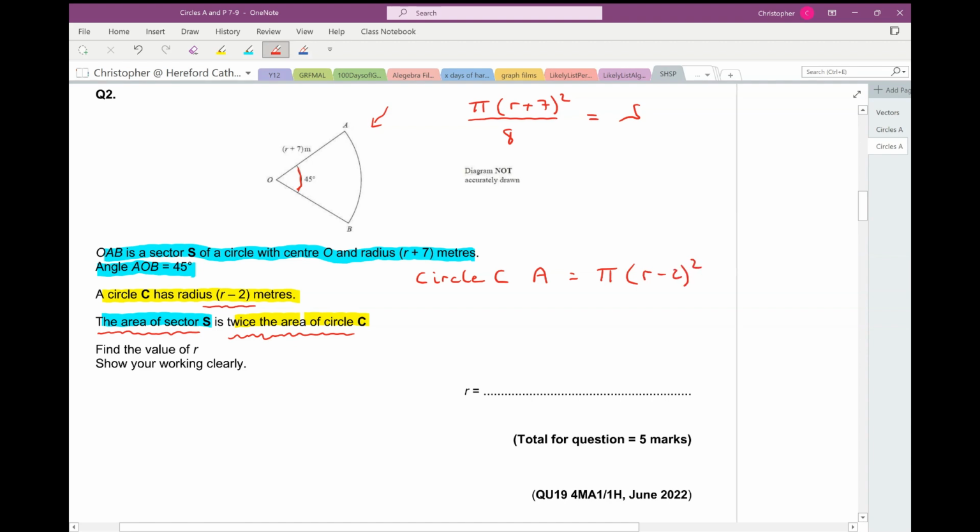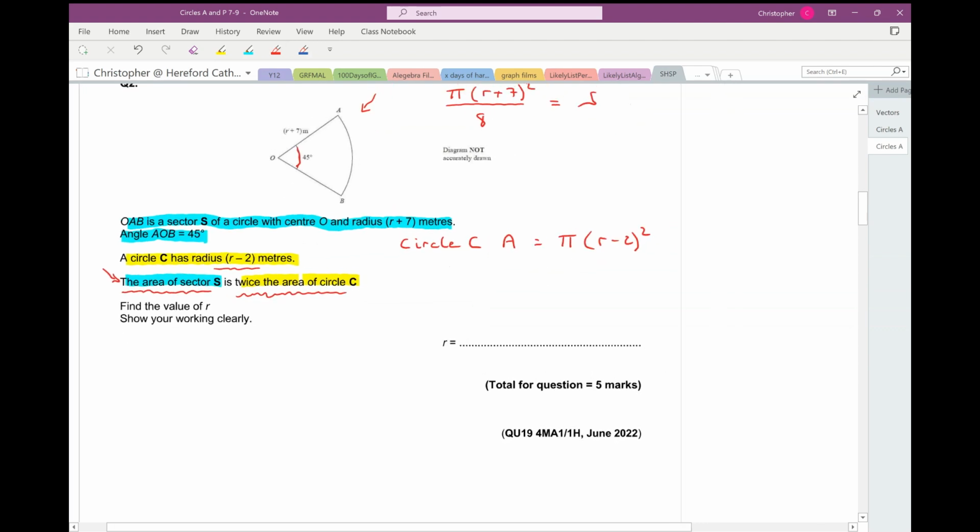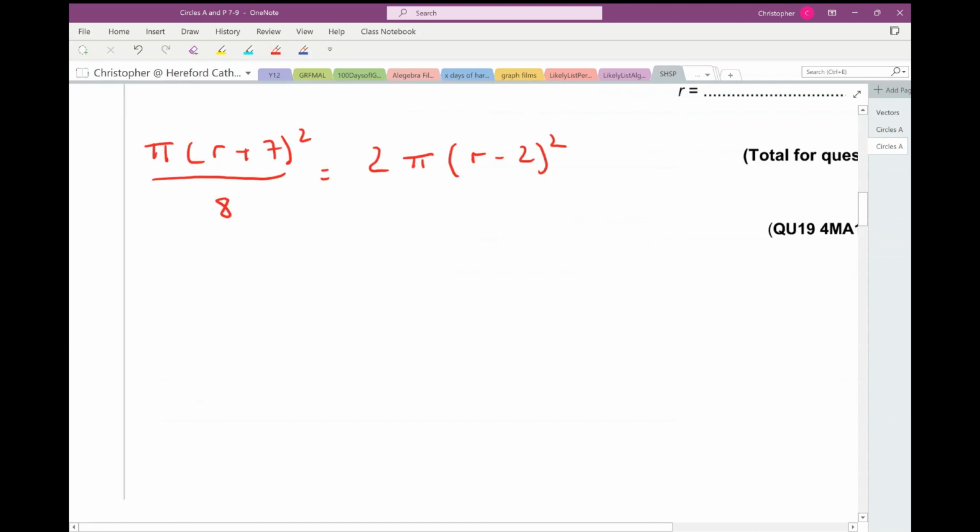Now I think I'm ready to set up an equation, because the area of sector S, which I've got at the top, is equal to twice the area of circle C. So my equation is pi times r plus 7 squared over 8 equals twice the area of circle C. So there's an equation, and I need to solve it now to find r.